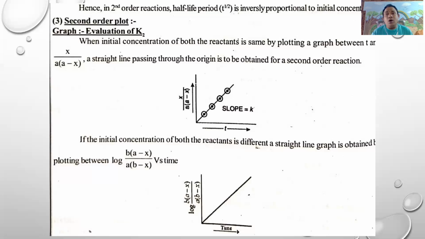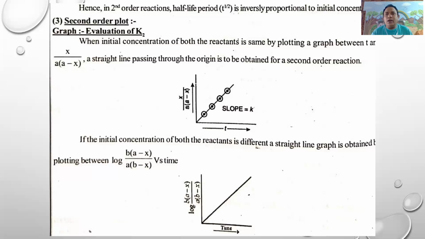According to half-life time, the time required for conversion of half of the reactants into products is called half-life time. That is, 50% of the reactants are converted into products. Here the left out concentration of reactants is 50, and at t half the products concentration X is 50.